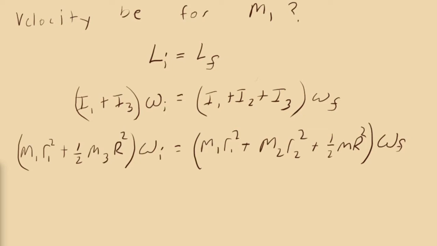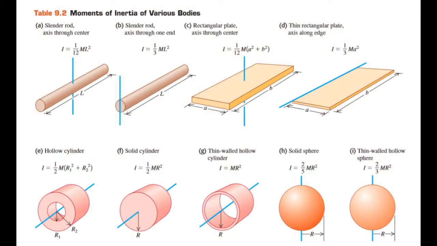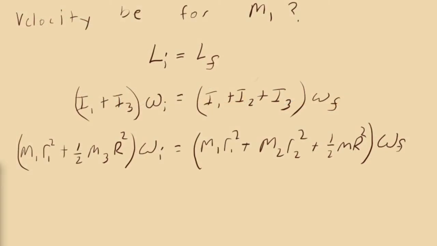So we can substitute I1 with M1R1 squared, and then the moment of inertia for our disk is going to be represented by a solid cylinder, which is equal to 1/2 mr squared. So we'll substitute I3 with 1/2 M3R squared, and then it's multiplied by our initial angular velocity.